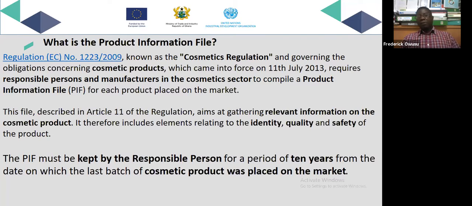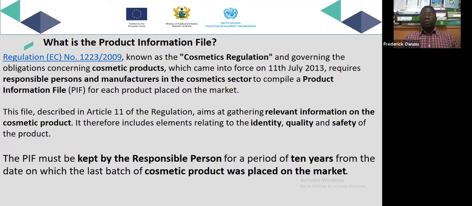The file was described in Article 11 of that regulation, that is EU Regulation 1223. The relevant information of the product should be clearly described and displayed. It's talking about the identity, the quality, and the safety of the product.